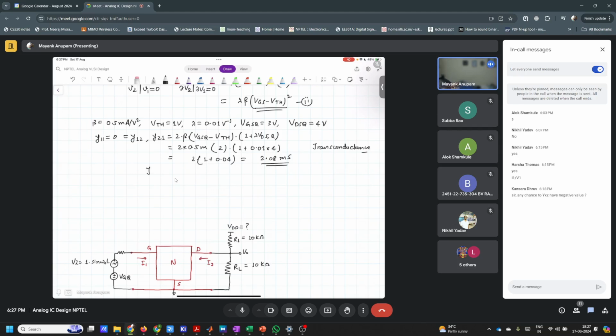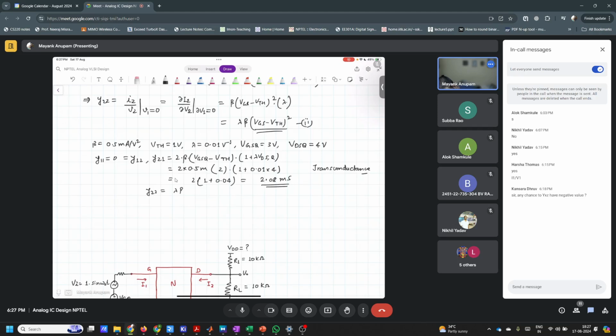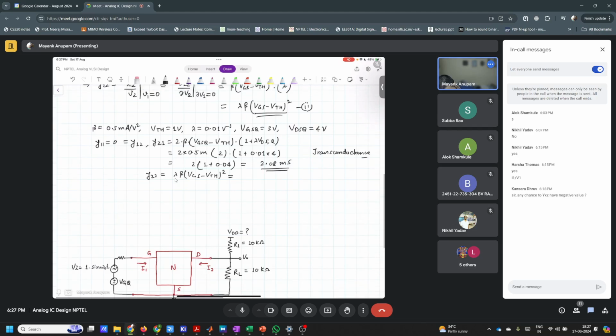Fine. What is Y22? Y22 is lambda times beta times (VGS minus VTH) square. How much is this? Lambda is 0.01 times beta is 0.5 milli times (VGS minus VTH): VGS is 3 volt and VTH is 1, so 2 square.